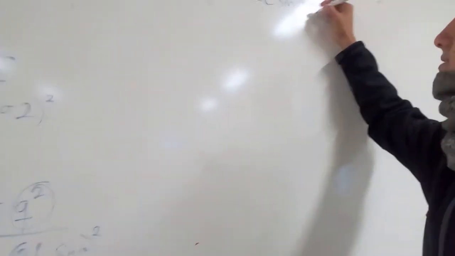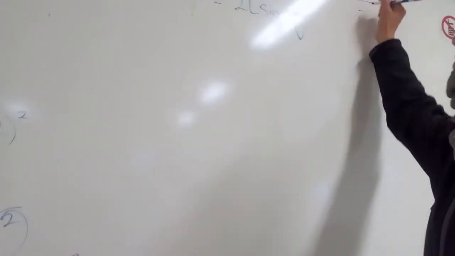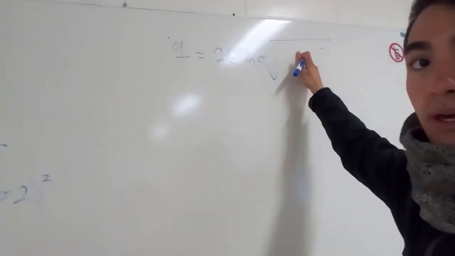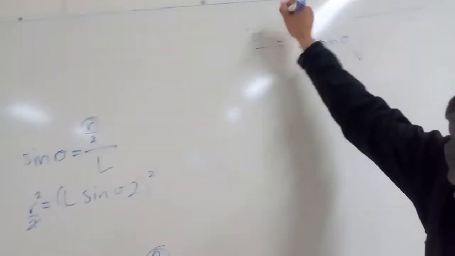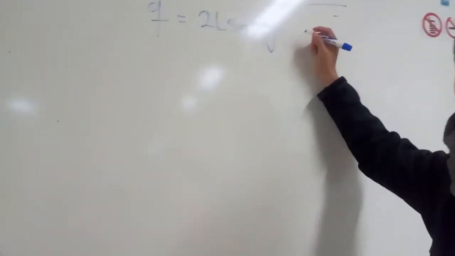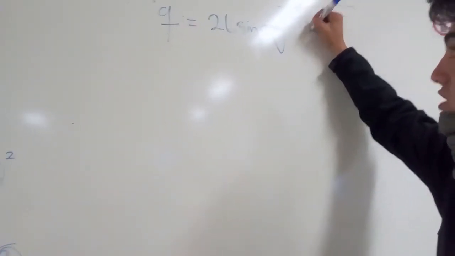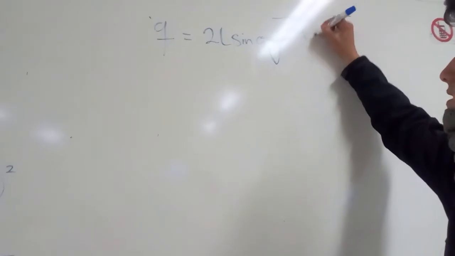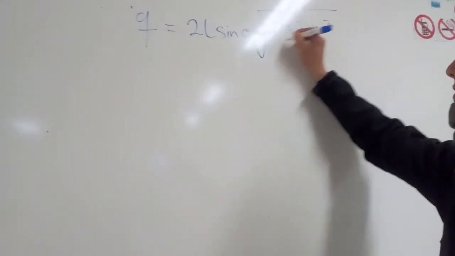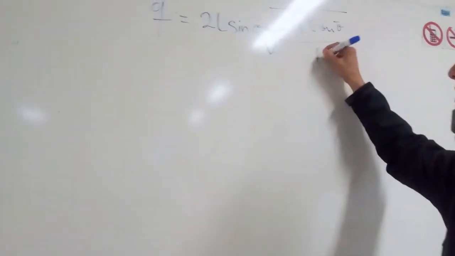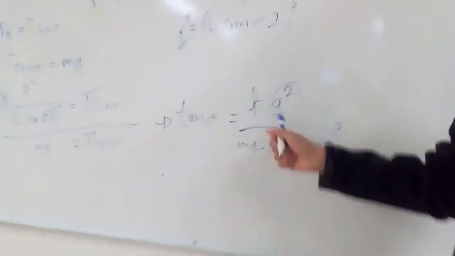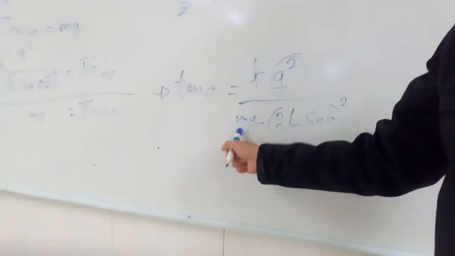And this part goes with a square root because of the square of the charge: mass times gravity times the tangent of theta over the constant, which is exactly this part and this part.